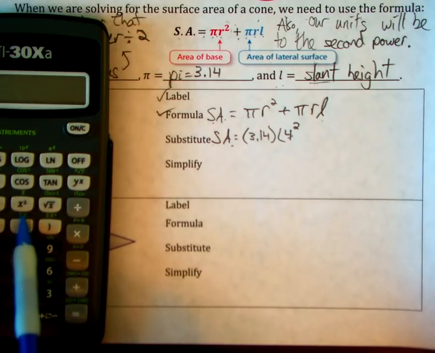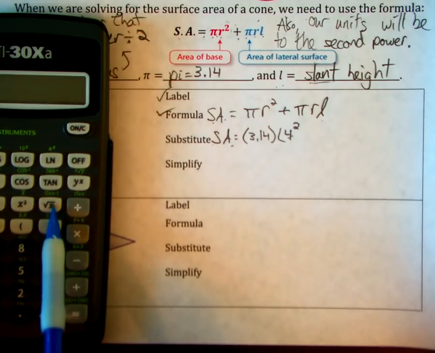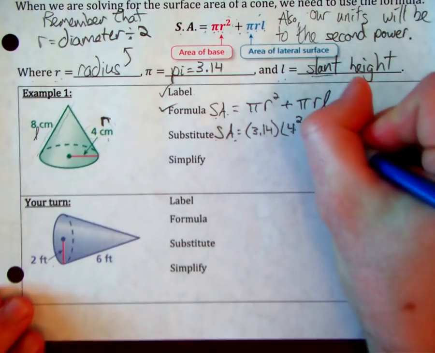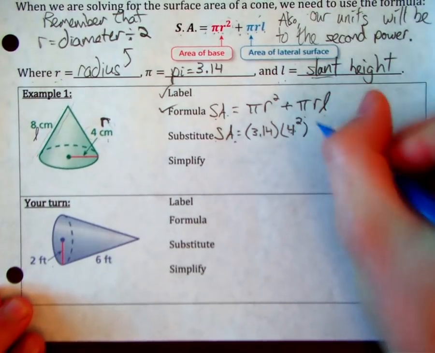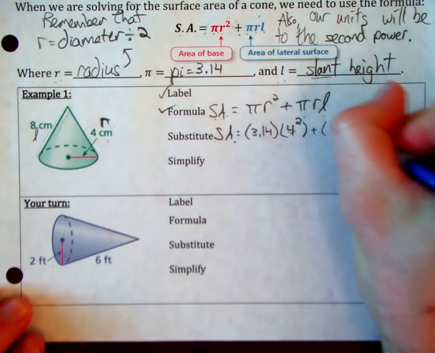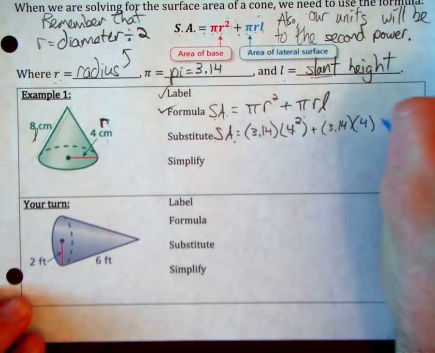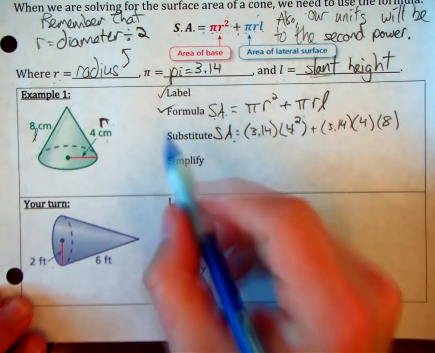Make sure you're using this one to make the number bigger, and then you use the square root to make it smaller. So we have 4 squared, and then plus 3.14 times the radius again, which is just 4, and our slant height, which is 8. All right, so we did the substitution.